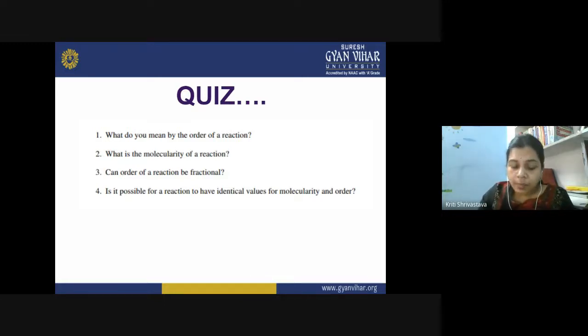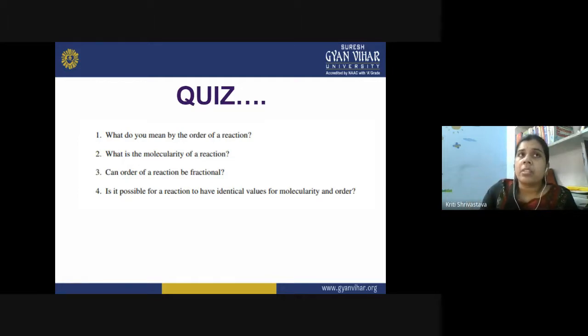Now, the next question is, can the order of a reaction be fractional? This is a very important question. When you add the two exponents, can it be a fractional one? Yes, the order of the reaction can be fractional, but molecularity cannot be fractional, because when you consider molecularity, you are going by a balanced chemical equation.